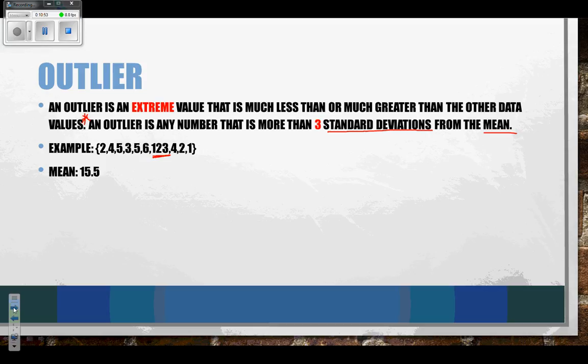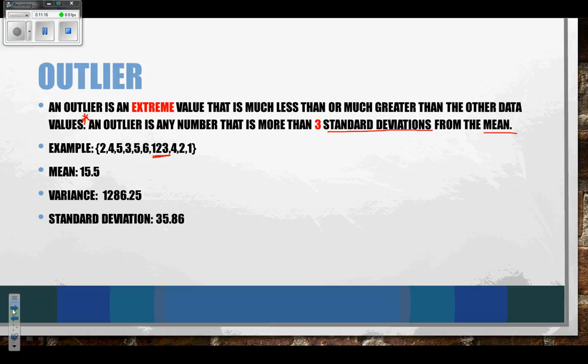We have to find the variance in order to help us find the standard deviation, because in order to find standard deviation, all I have to do is take the square root of the variance. So my standard deviation is 35.86.